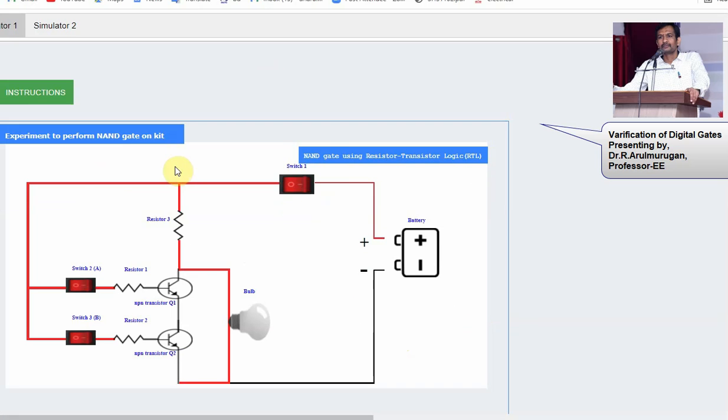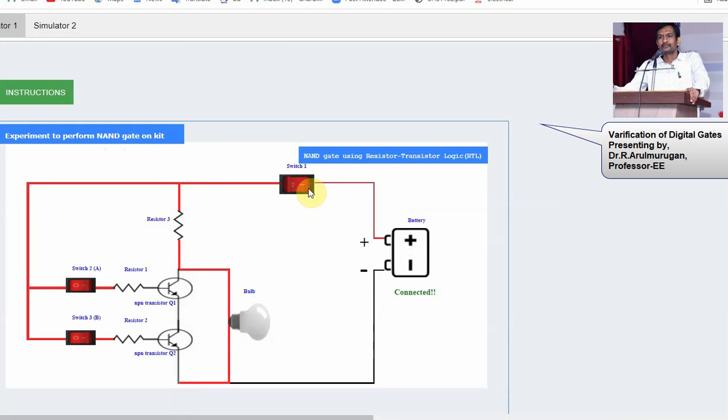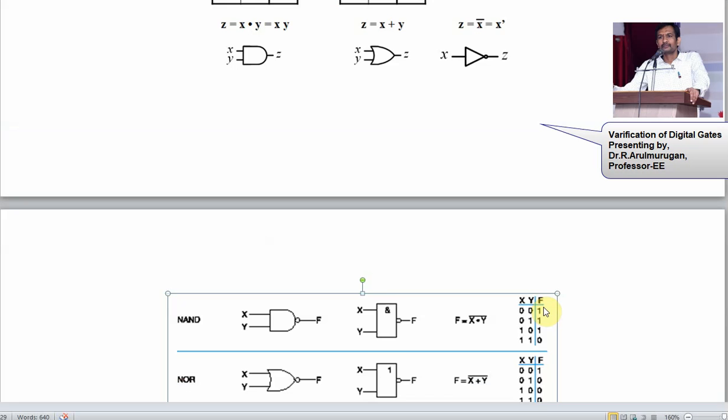Then connect the battery. So what is the truth table saying? First the main switch is on. 0 0, the output is on. Then 1 0, 0 1, the output is on.